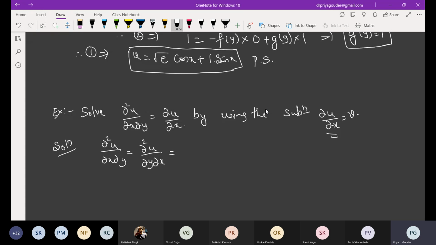Can we write like this? Yes. So why I'm writing so, that I can get dou u by dou x. If I write the other way, I will not get dou u by dou x. So this first term I'm writing like this: dou by dou y of dou u by dou x. Correct?